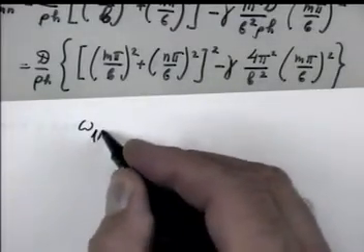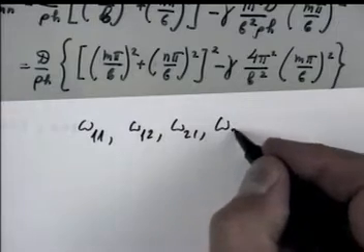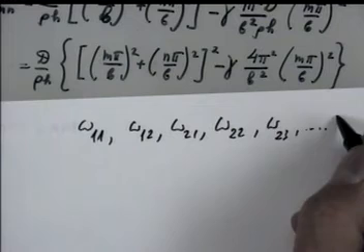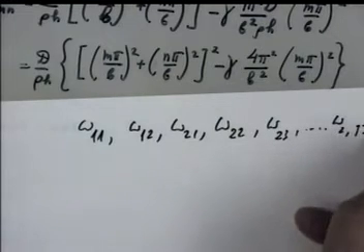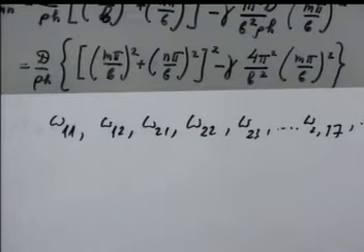Okay, so now what we do with this is very simple. You put in some numbers for m and n, and you can find omega 1,1, omega 1,2, omega 2,1, omega 2,2, omega 2,3, etc. We can find all the natural frequencies.